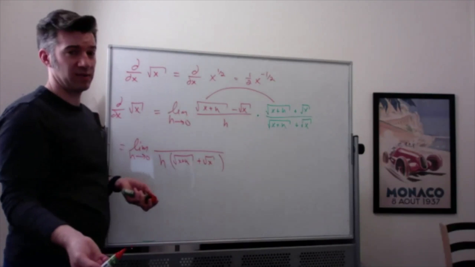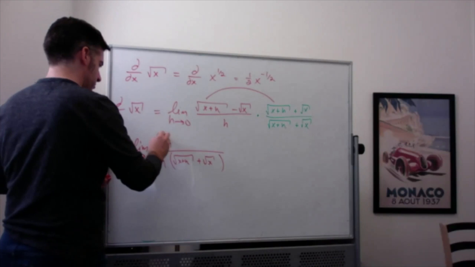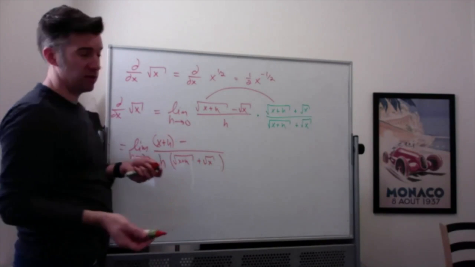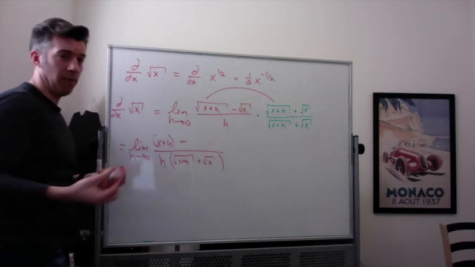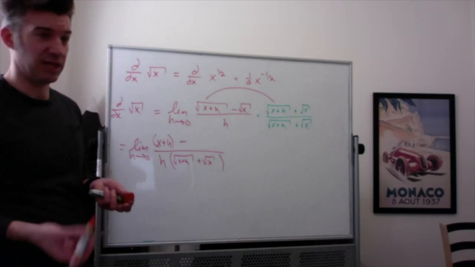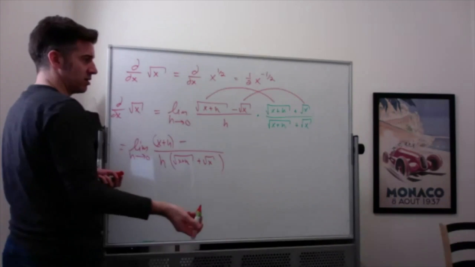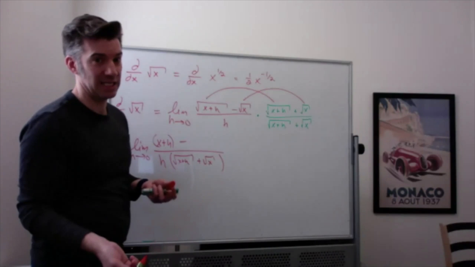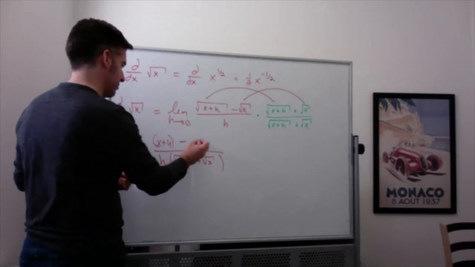So the square root of x plus h squared is just x plus h. Minus, well, the middle terms cancel. This times this and this times this are opposites of each other, so they cancel out when you add them together. And then finally, you get the last term squared, so minus the square root of x squared, which is just x.